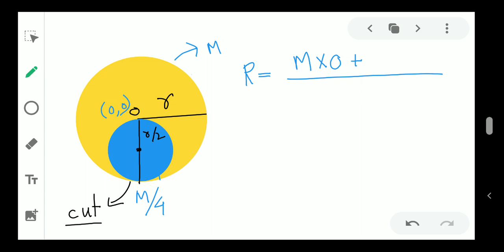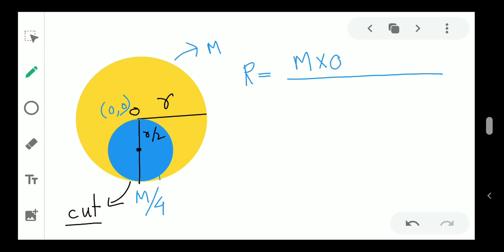Oh, now the question, this is not a plus, because that portion I am taking out. Initially it was a plus. If this blue portion is not cut, then this disk is a whole system, and we know that for a disk the center of mass will be at the 0 position, that means at the center.